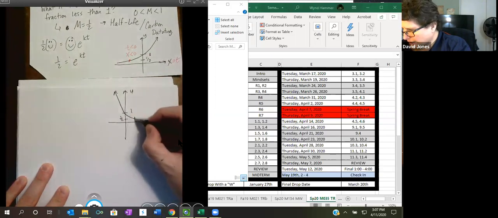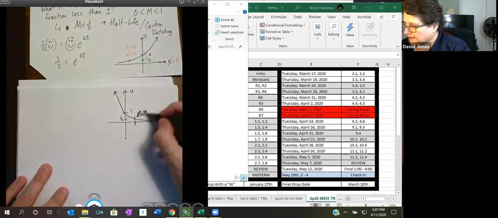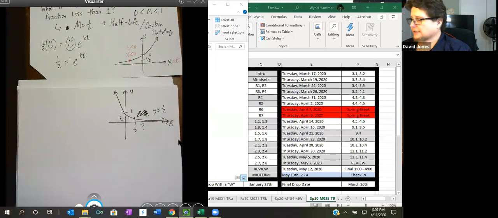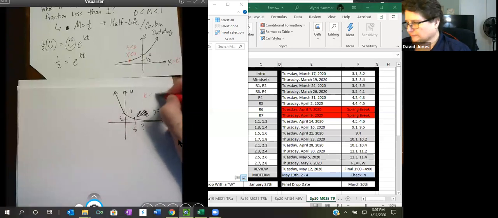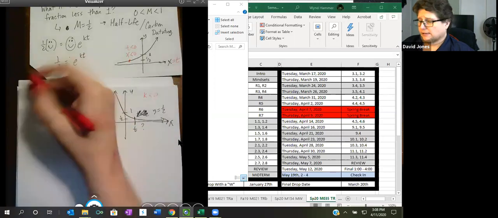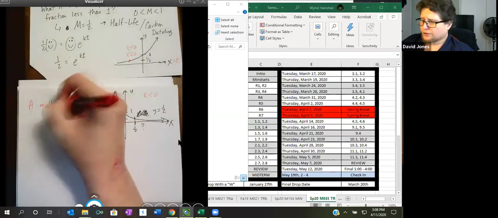And right about here is y equals 1/2. What's the t? Here, k is negative. So a multiplier less than 1 leads to exponential decay.